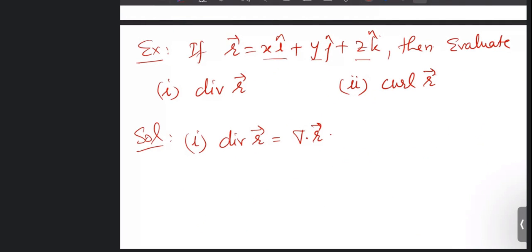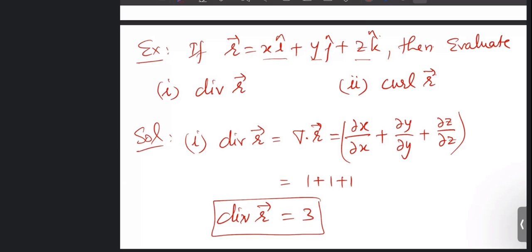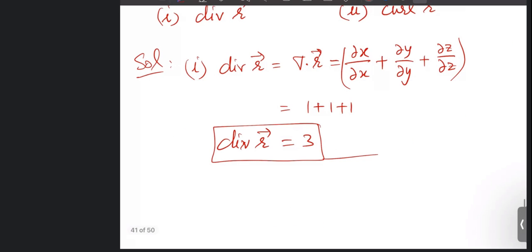So it is equal to ∂x/∂x plus ∂y/∂y plus ∂z/∂z, that is equal to 1 plus 1 plus 1, that is 3. Hence the divergence of vector R is equal to 3. You can use this: the divergence of the vector R is equal to 3.